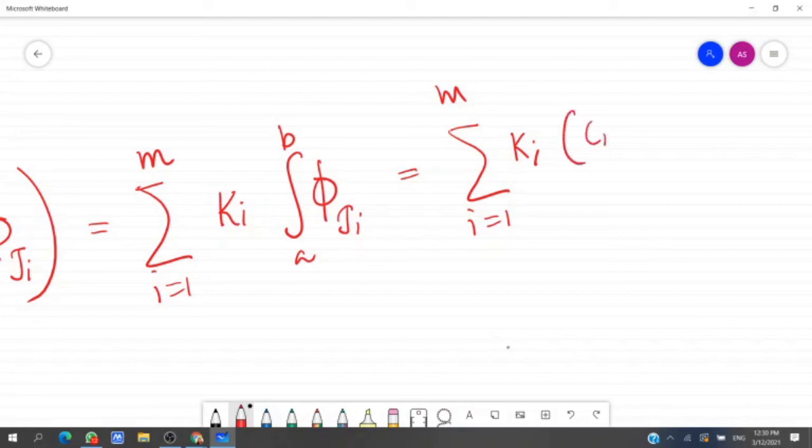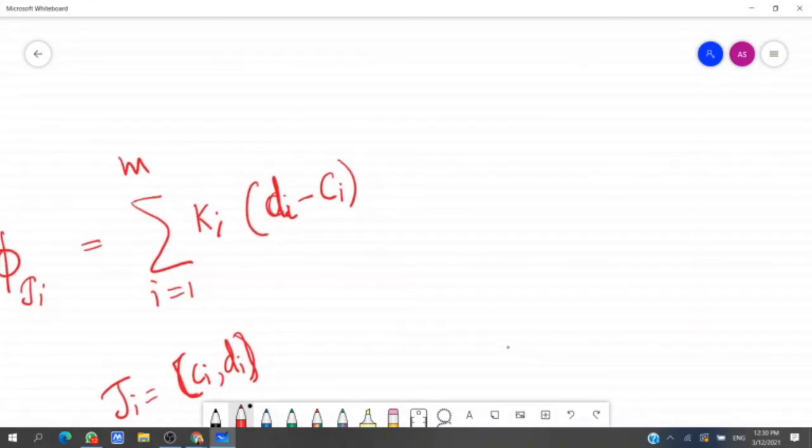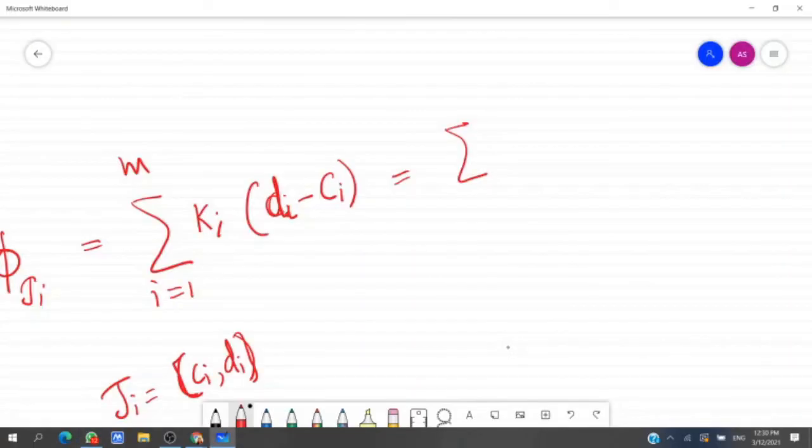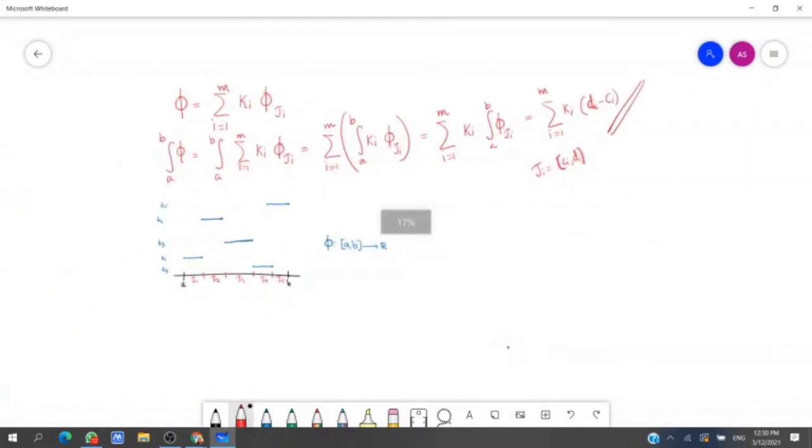If Ji is equal to ci di, whether an open interval or a closed interval, its length is di minus ci. And when you sum it up, you will get the sum from i equal to 1 to n of ki into di minus ci. This is the value of the integral. Okay, is it clear?